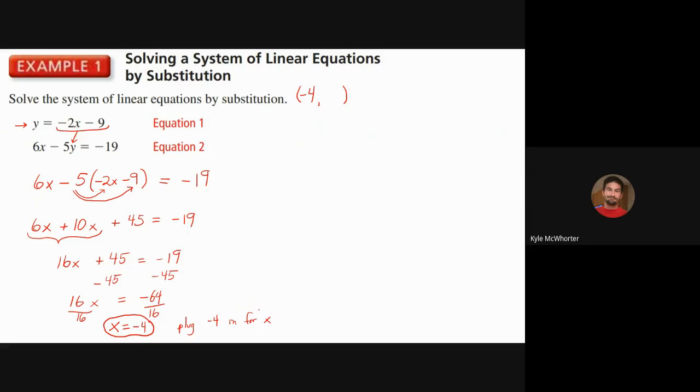You could pick either equation, but the one that has the y already, the one that you solved for y, or the one that was already given to you in this case, that's usually the easiest one to plug back in, because it's y equals, and then you just plug in for x. So I'll do that over here. y equals -2x minus 9, plugging in a -4 for x.